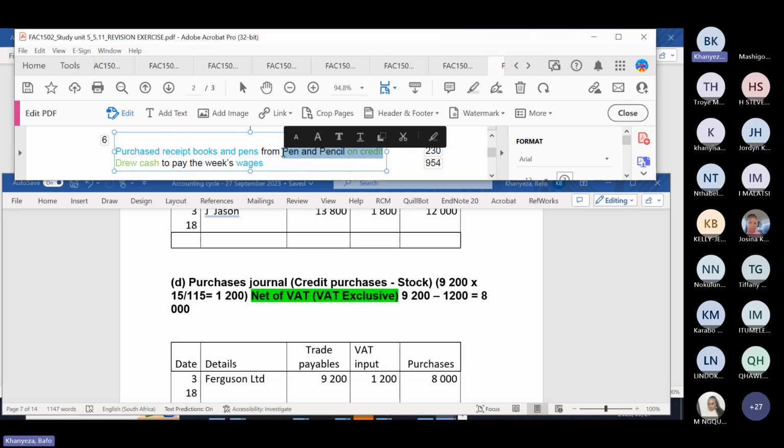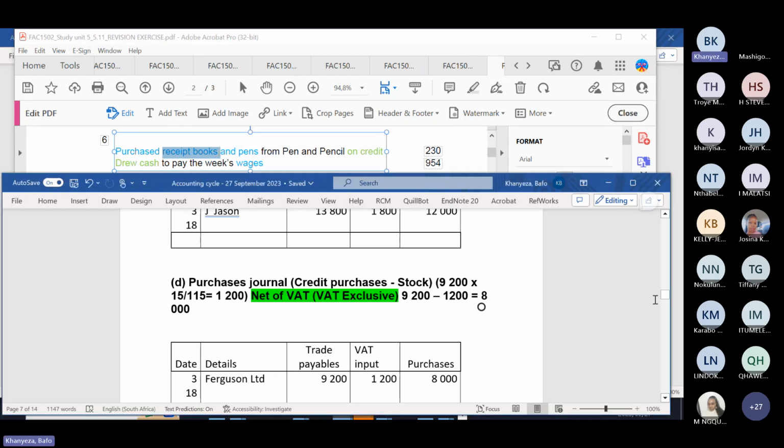They purchased receipt books, and you have to interpret what receipt books are. Receipt books are stationery at 230.